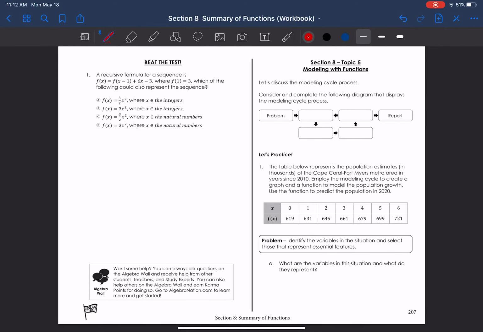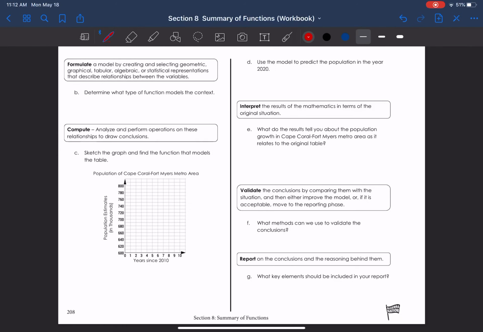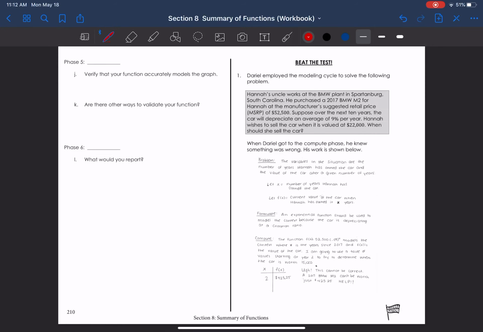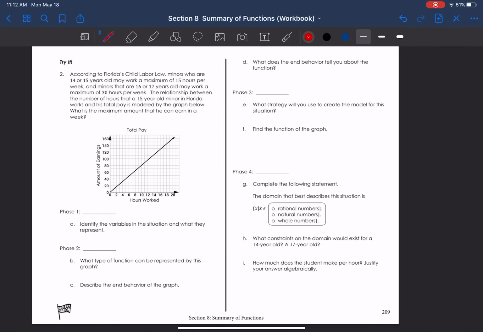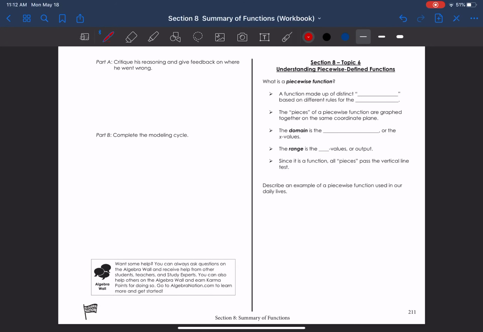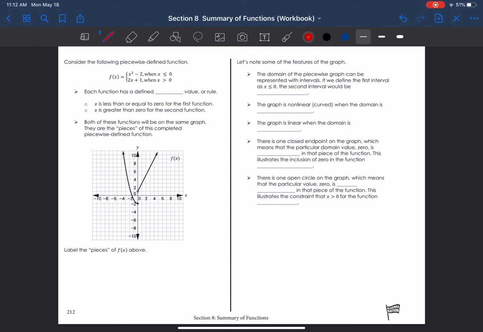And the last thing that I want to go over is piecewise functions. So piecewise functions would be something like this, where the graph is broken up into pieces. This one has 2 pieces. The first piece, we see something squared, so we know that that is a quadratic.